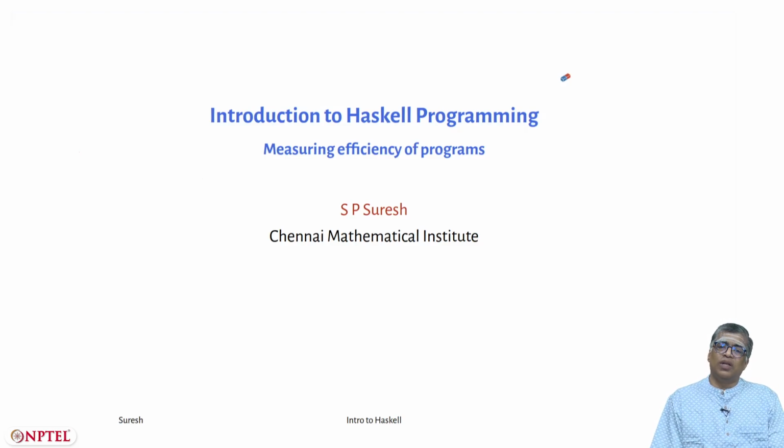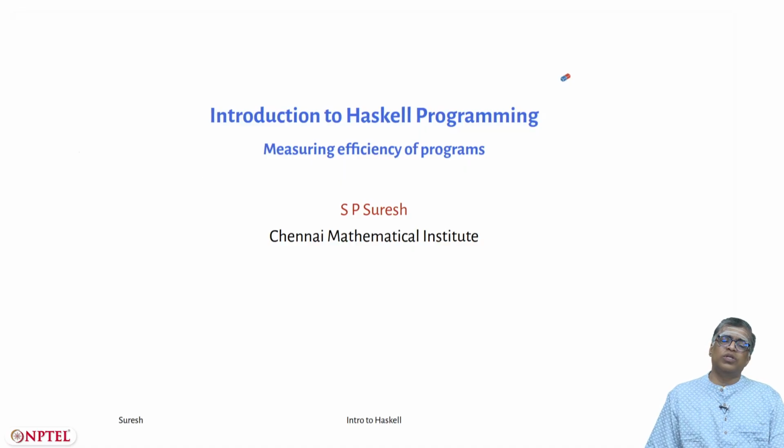But before we do all that, one of the most important things that we need to address is how do you measure your programs. So we write programs, we write one algorithm for a problem, there is another, maybe a different idea for a problem. How do you know which is better?